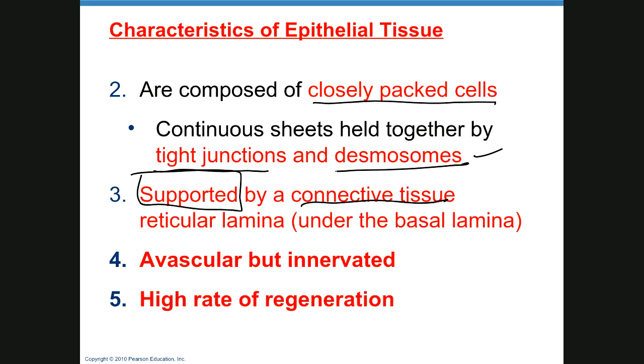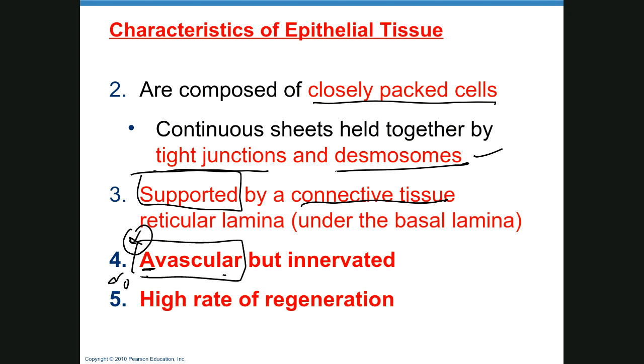And then this right here is a very, very important characteristic. Epithelial tissue is avascular. Avascular, every time you see an A in front of a medical term, means no. So this means no vascular, which means no blood vessels.